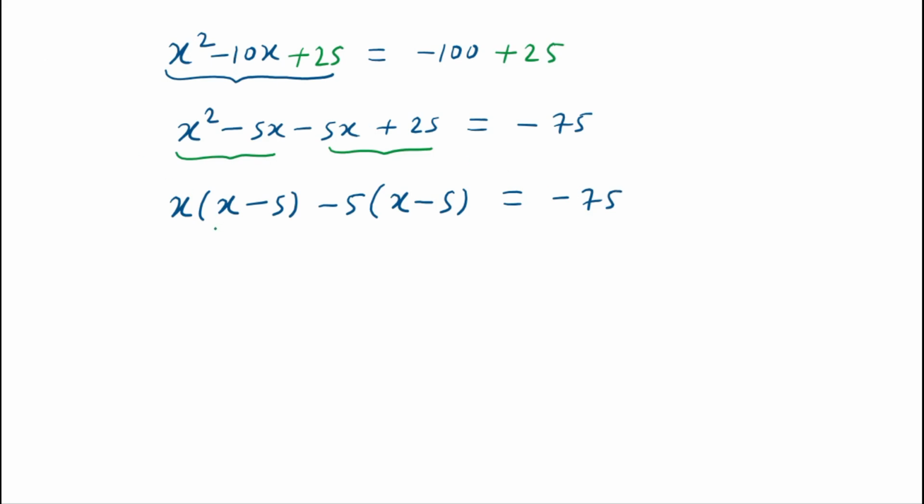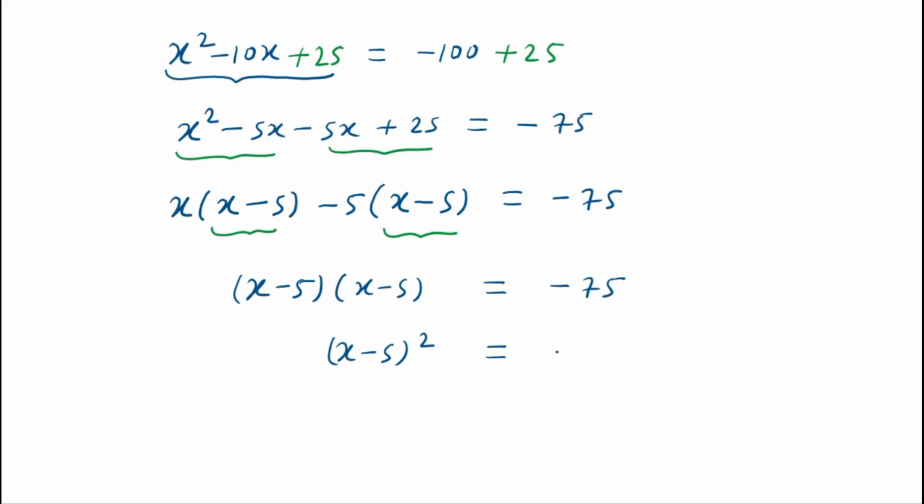In the left hand side, taking common x minus 5, we get x minus 5 times x minus 5, which is x minus 5 whole squared, and this equals minus 75.